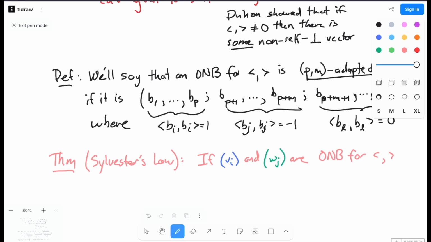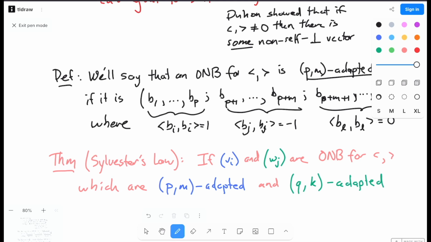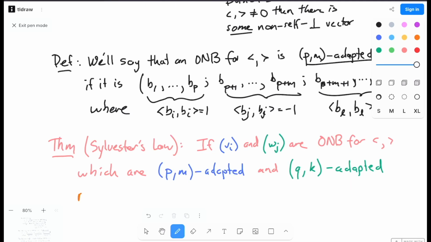So if the blue basis is PM adapted, and the green basis is adapted in some other way, QK, respectively, then P is equal to Q, and M is equal to K. I guess I could be really dogmatic about this color coding.